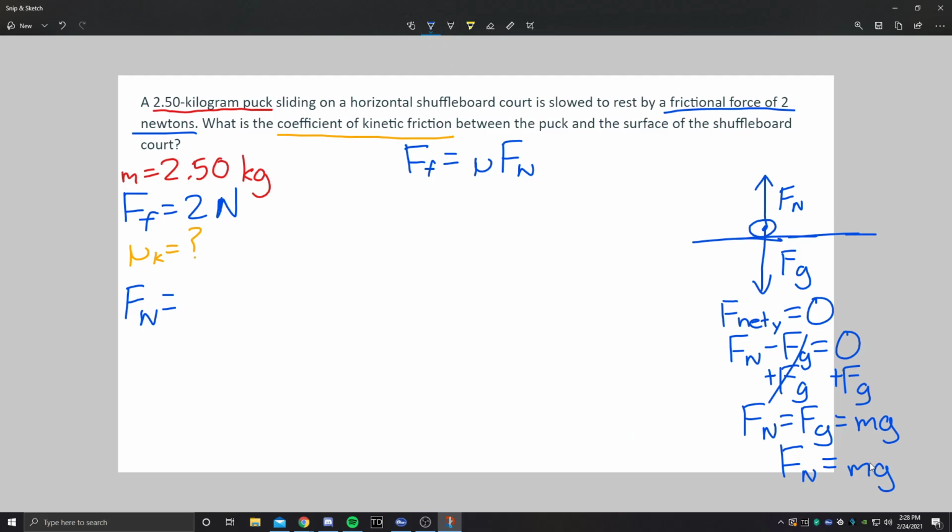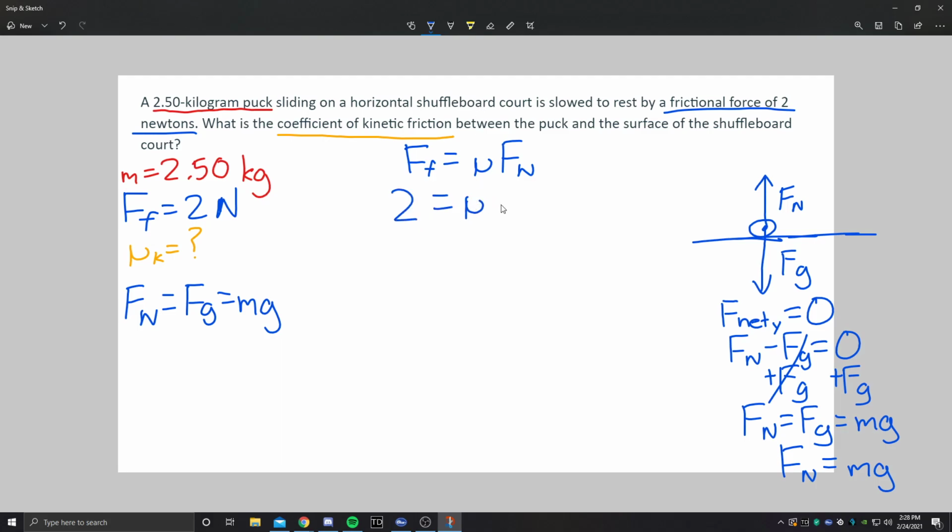If you don't know what g means, it's acceleration due to gravity, and on Earth, your acceleration due to gravity is always 9.8. g is just the positive version of acceleration due to gravity.